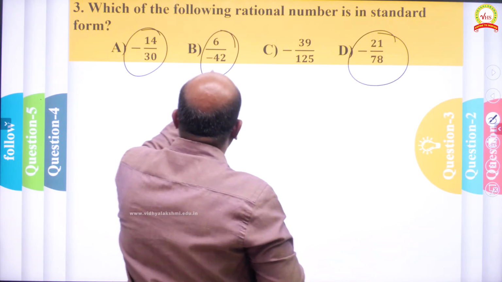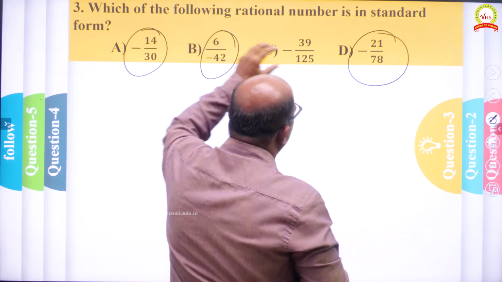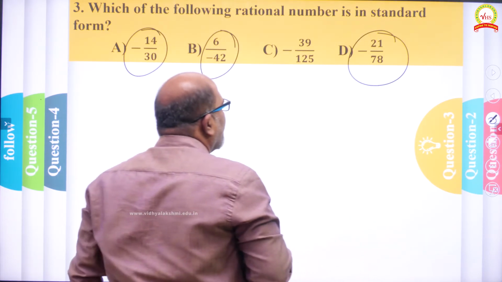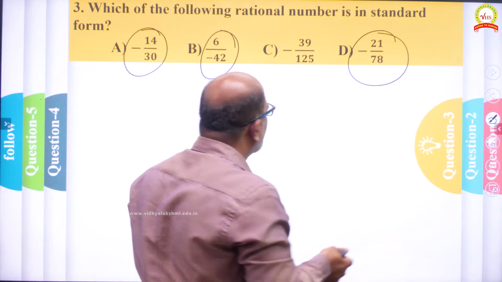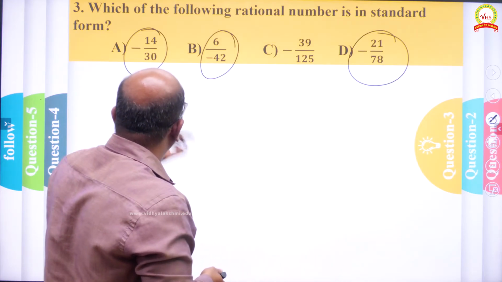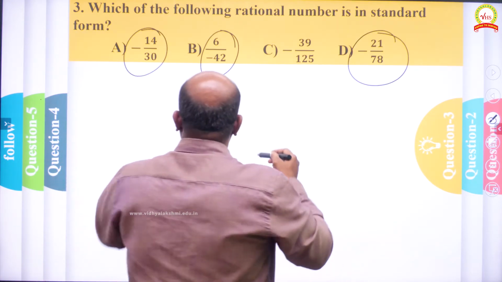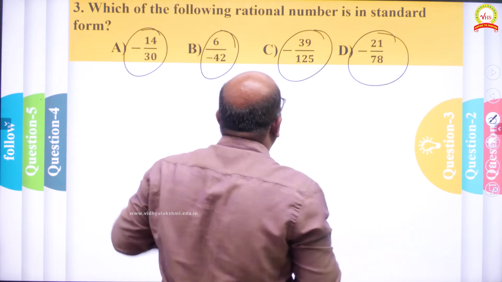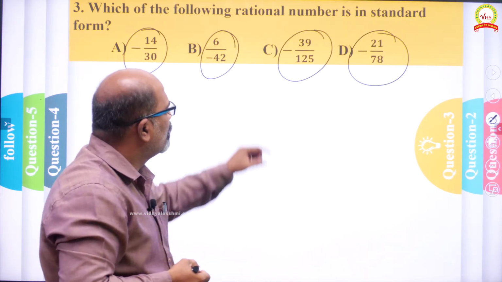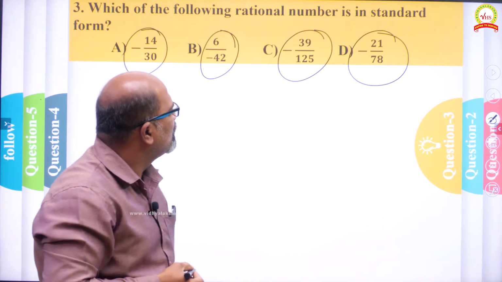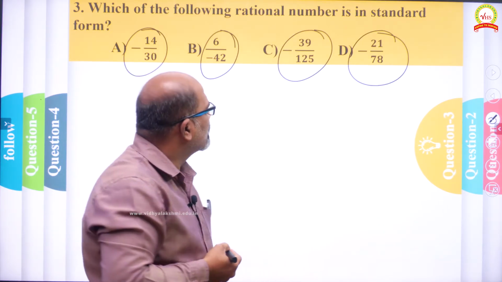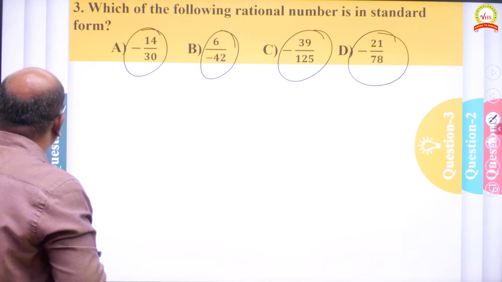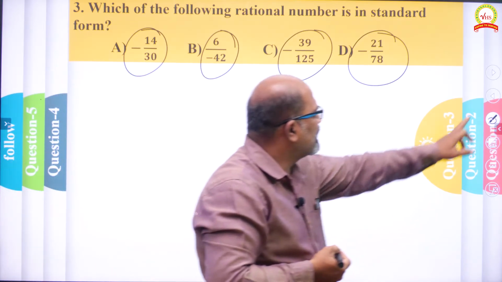Apart from 2 and 3 they may have some other factors, but definitely these are not in standard form. Only this must be in standard form, minus 39 by 125, because there is no common factor between 39 and 125. So the correct option is option C. Option C is the only answer that matches the given question.